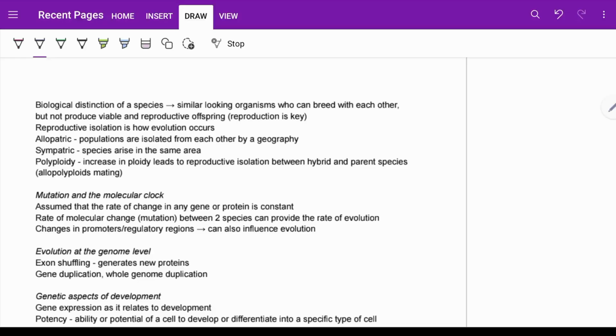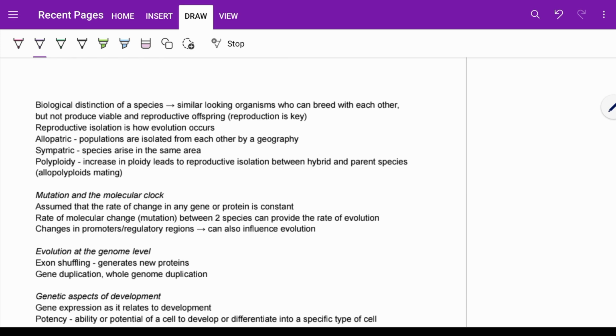We have allopatric speciation, which means two populations were geographically separated by a mountain or an ocean or something, and they could not access each other. Because they were separated for so long, they evolved to be so different from each other that they could no longer produce healthy, viable, fertile offspring, and that means they are now two different species.